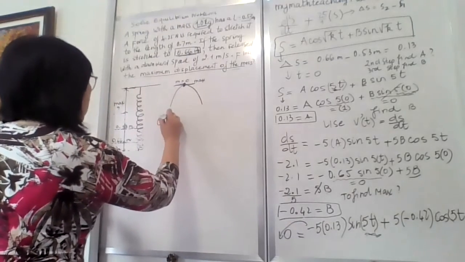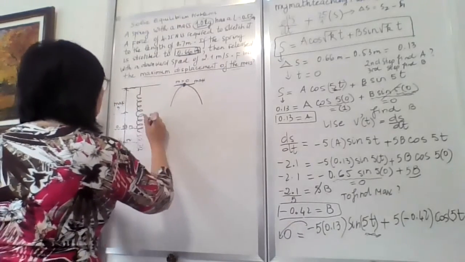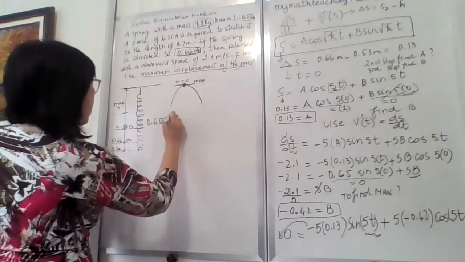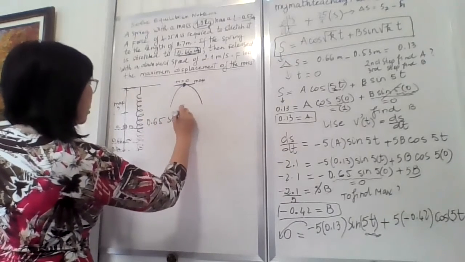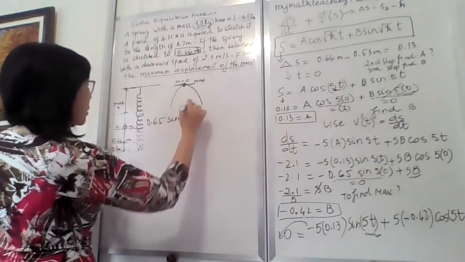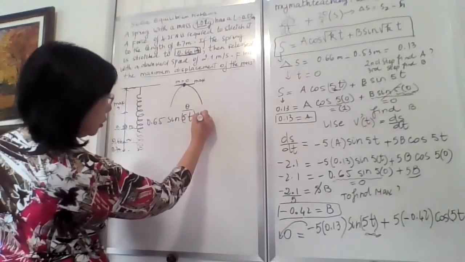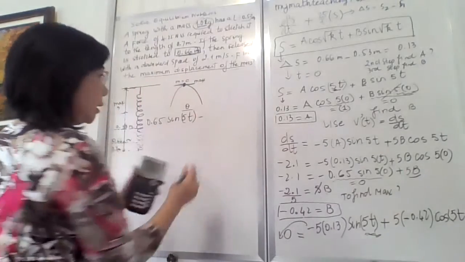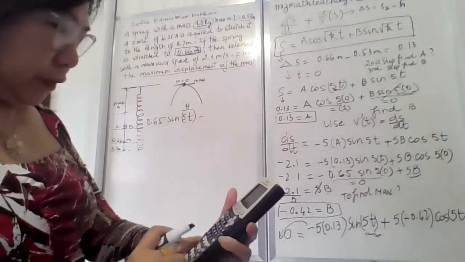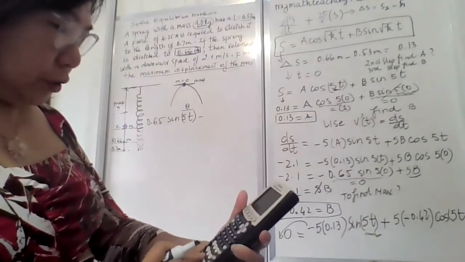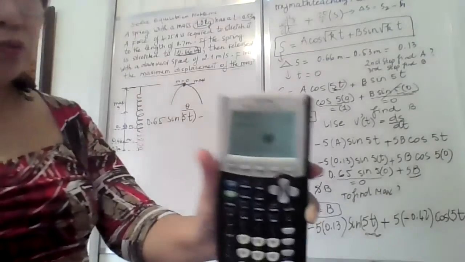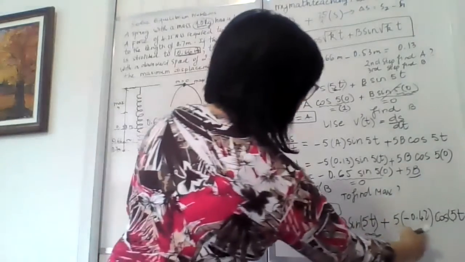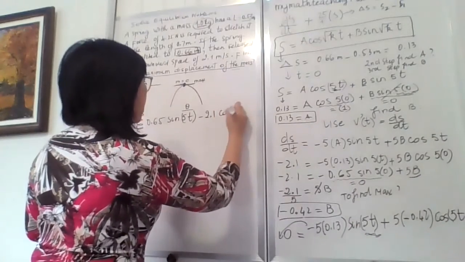So I'm going to put here 0.65 positive, sine of phi t, where phi t is the angle theta, right? This represents angle theta in trig. This is also minus phi times 0.42, phi times 0.42 equal 2.1, so minus 2.1 cos phi t.